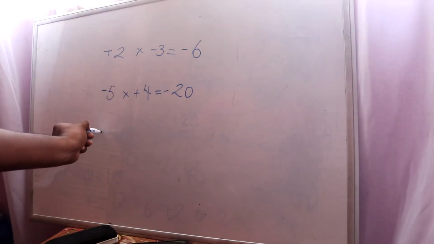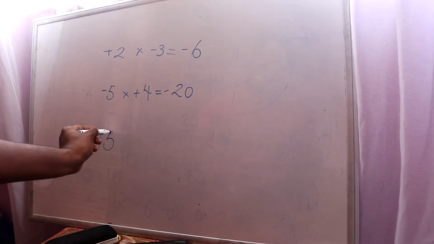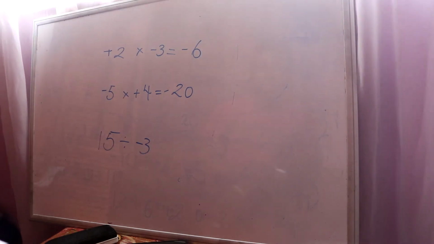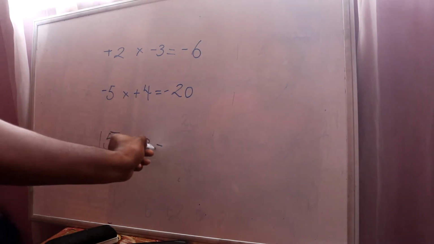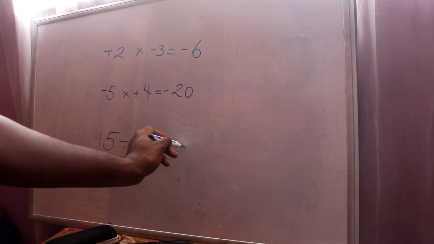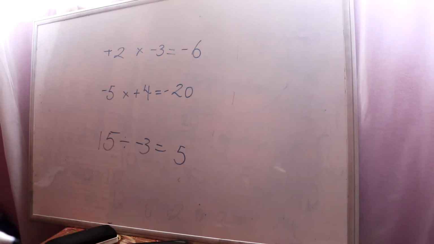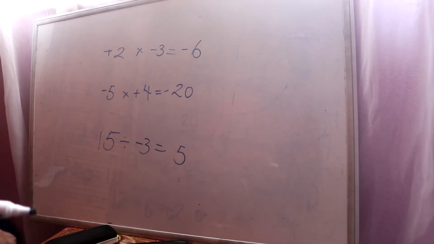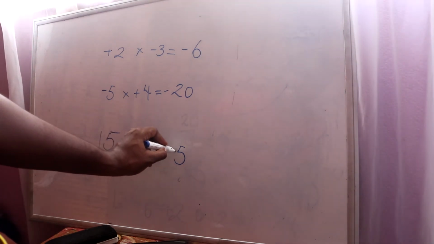What if we have 15 divided by negative 3? We know that 15 divided by 3 is 5, but is it going to be negative 5 or positive 5? If you say negative 5, then you are correct.